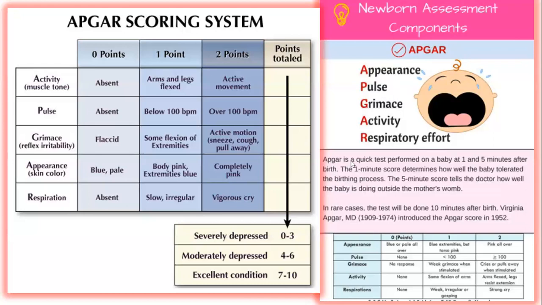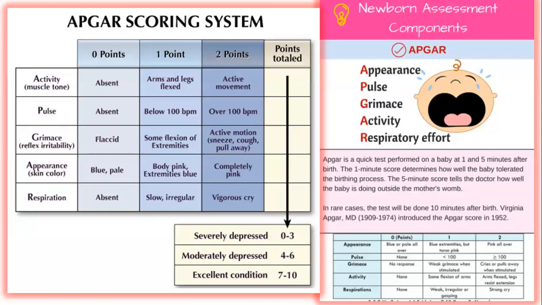So APGAR is a quick test performed on a baby at the first minute and 5 minutes after birth. So two times we can measure, 1 and 5. The 1 minute score determines how well the baby tolerates the birthing process, and the 5 minute score tells the doctor how well the baby is doing outside the mother's uterus.